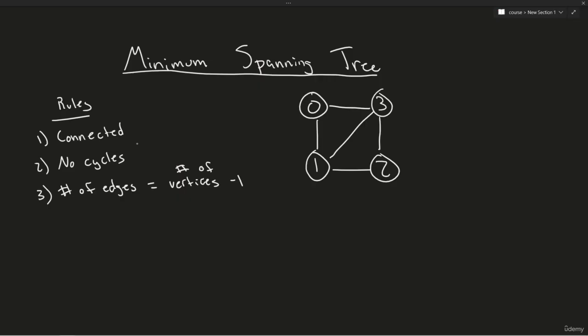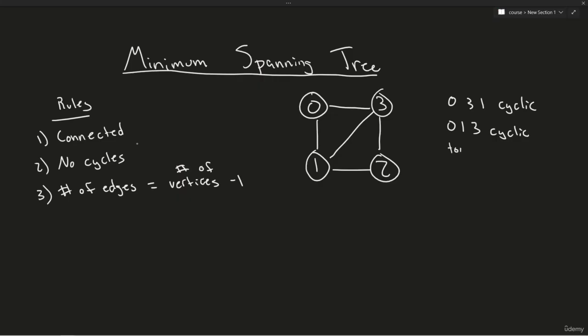But we see that rule number 2 is currently being broken here. So this is currently not a spanning tree, because we see that 0, 3, 1 is cyclic. We can go 0, 1, 3 cyclic, and I mean we can make a couple of cycles out of this. But we also see that we have more edges than we do nodes.